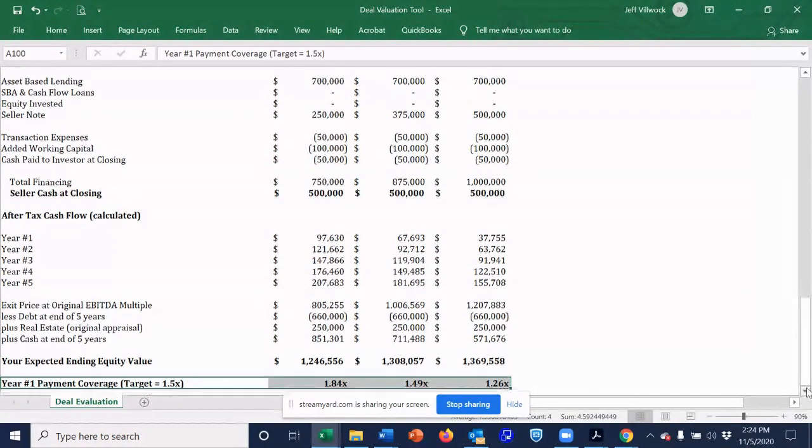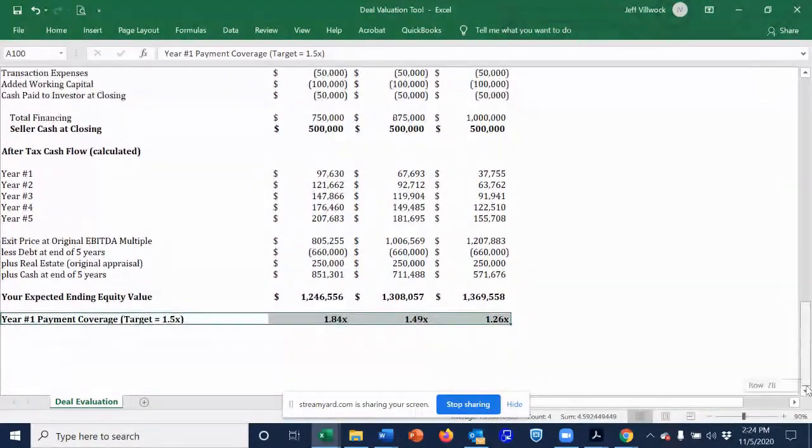Year number 1, payment coverage. In the first year of this transaction, we're assuming you're going to be earning that 250 plus your growth rate, which was 10%, so $275,000.